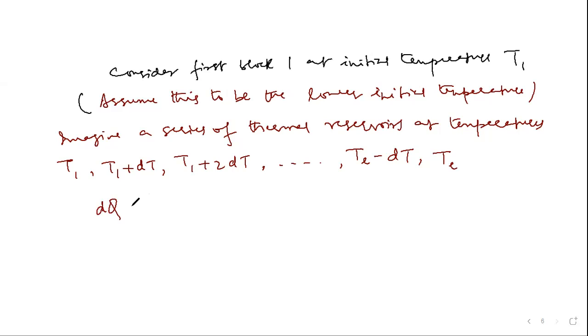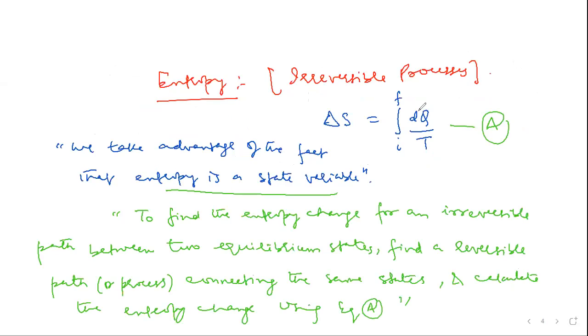Now each reversible heat transfer dQ can be expressed as mc dT, right? And thus we can use this equation A, because we are using the reversible path.